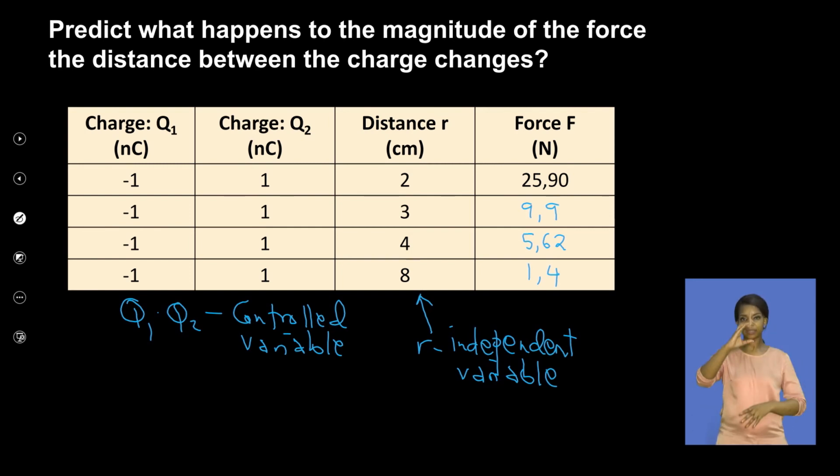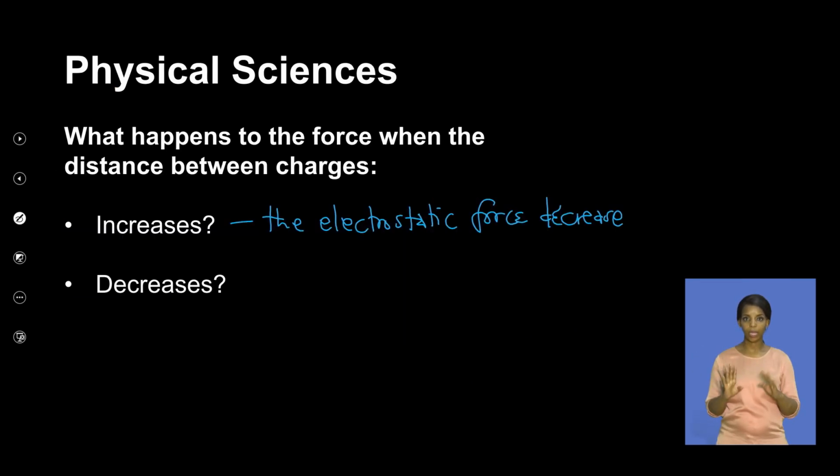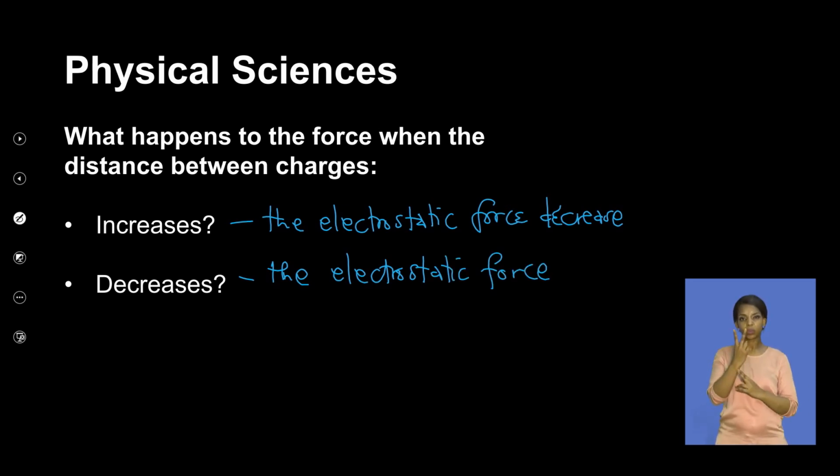Distance is actually getting shorter and shorter. What's happening to the magnitude of the electrostatic force? It's increasing. So we can safely say that if the distance between the charges decreases, the electrostatic force will increase, right? So the electrostatic force between those two charges increases, right? Are we onto something here? Because we are worried about the mathematical relationship in terms of the factors that affect the magnitude of the electrostatic force.